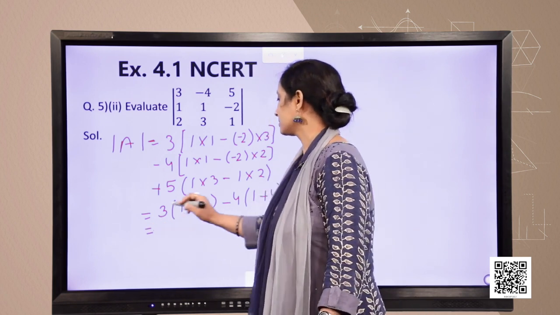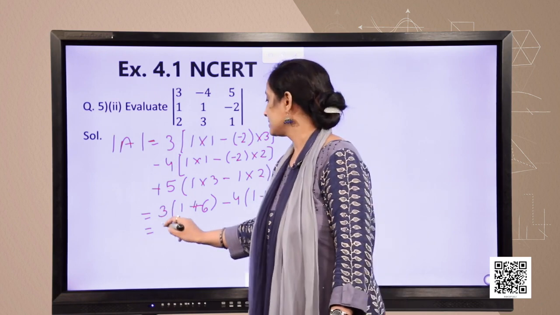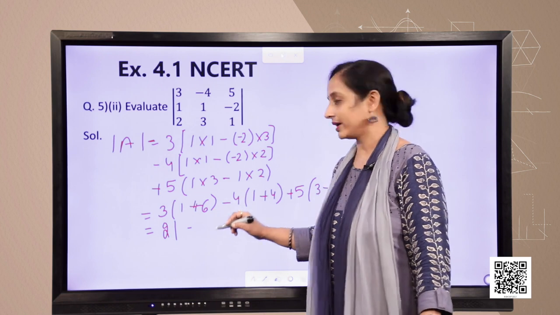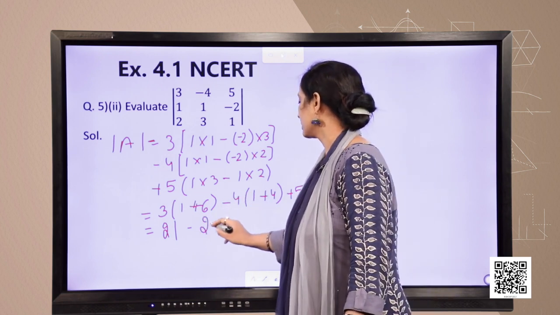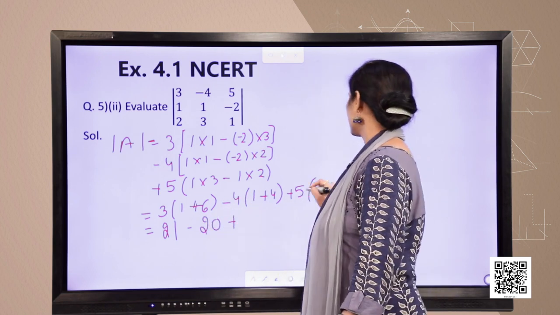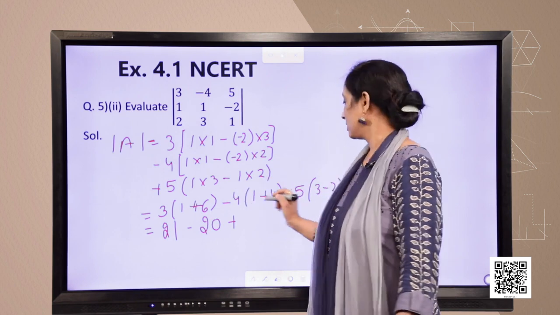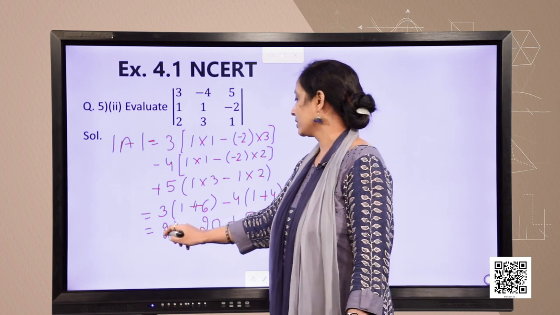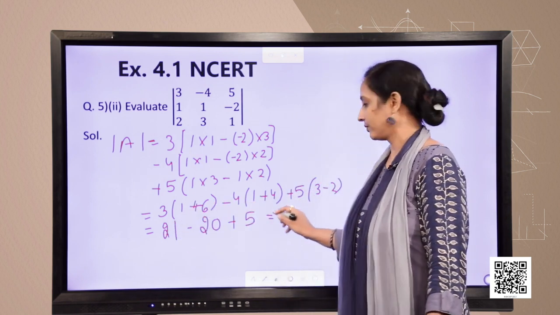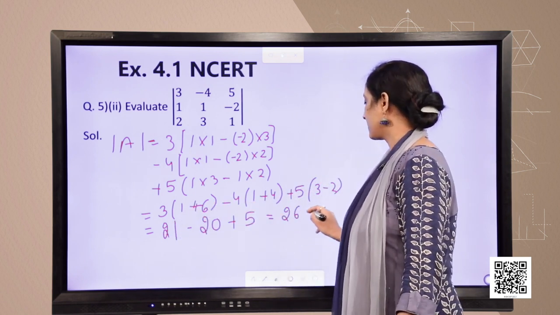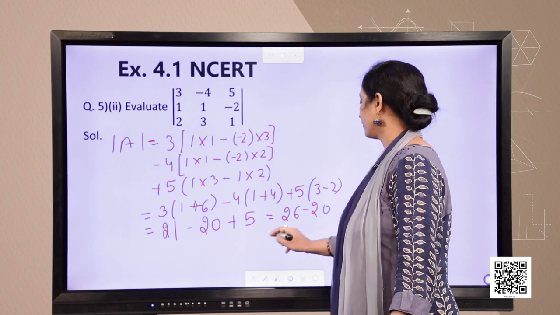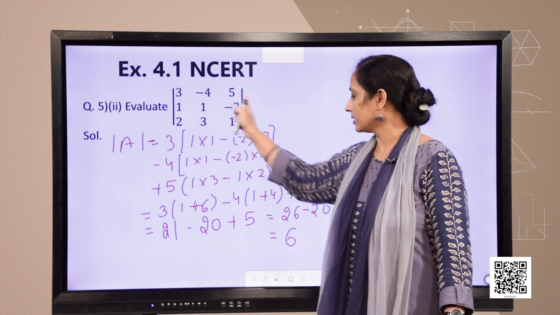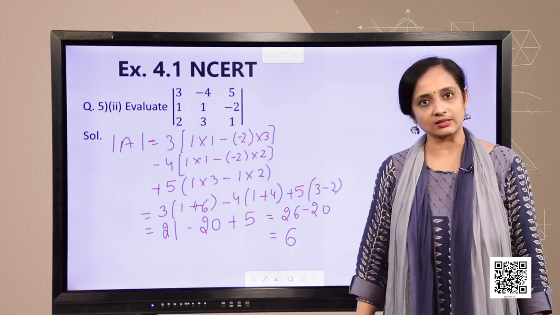Then simplify this. 6 plus 1 is 7, 7 into 3 is 21, 4 plus 1 is 5, 5 into 4 is 20, plus 3 minus 2 is 1, 1 into 5 is 5. So, this is giving you 21 plus 5, 26, minus 20. So, your final answer is coming as 6. So, this determinant is equal to 6.